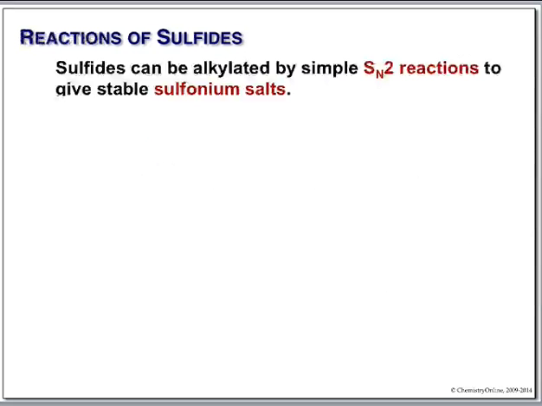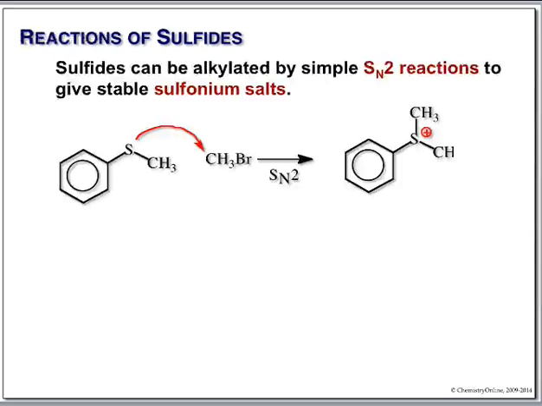If you take a simple sulfide in the presence of something like bromomethane, you can make a stable sulfonium salt. If this was an oxygen, it would be very unstable. Its lifetime in solution would be like 10 to the minus 9 seconds. Very unstable. If this is the sulfur, it's a very stable compound.